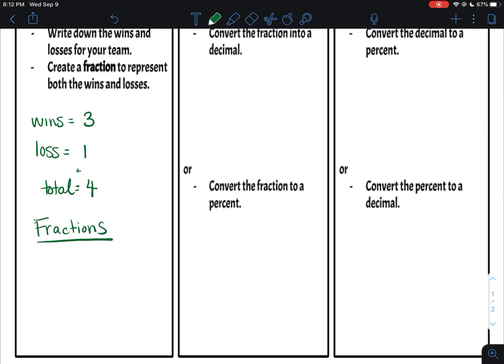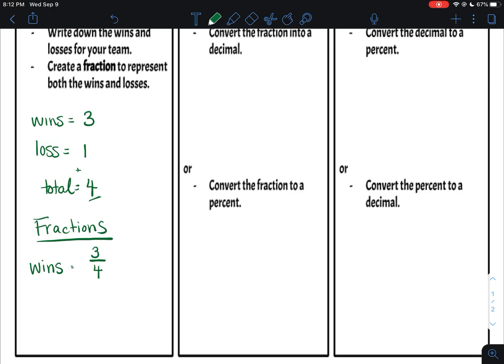So, fractions. We're going to do the wins first. When you have a fraction, the numerator, which is the top, is always the piece that you have, and the bottom, or the denominator, is your total, which we know the total games is 4. So how many did they win out of 4 games?